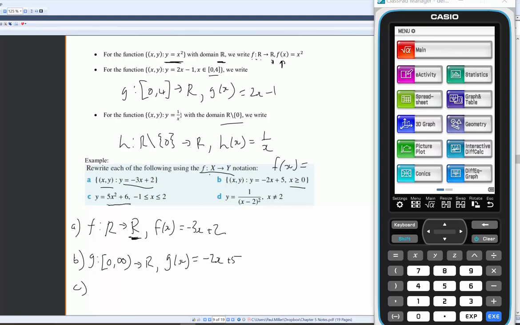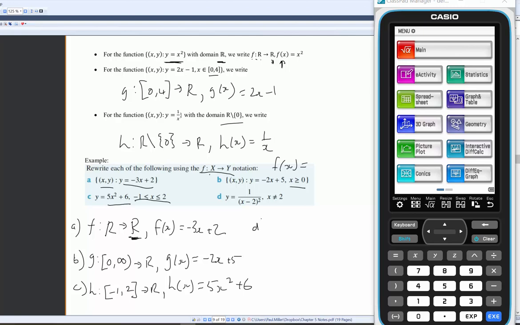For this quadratic function, we've got all the values between negative 1 and 2 in the domain. So we'll call this one h, such that negative 1 to 2, mapping to the codomain, which is the set of all real numbers, h of x equals 5x squared plus 6.